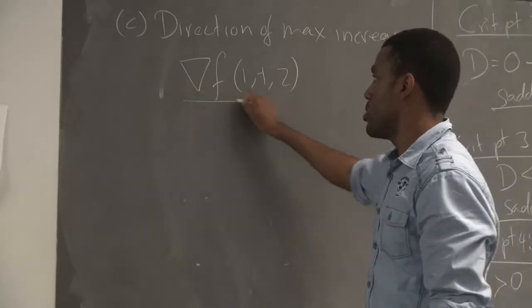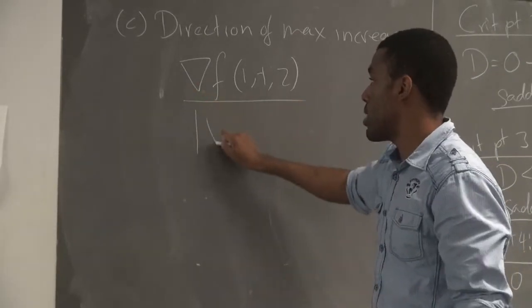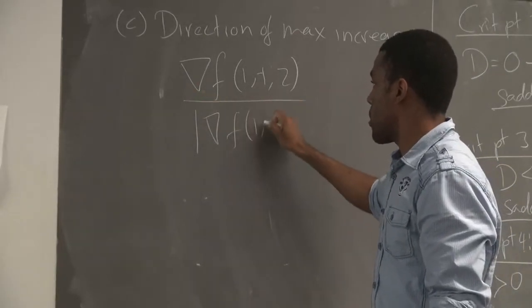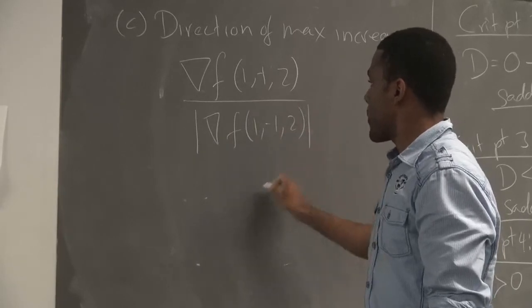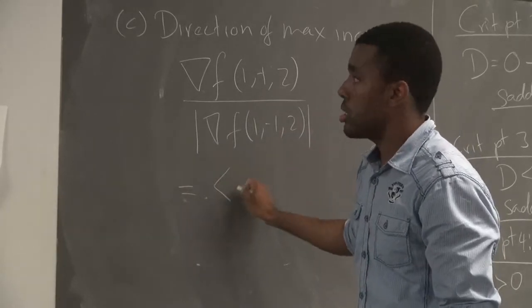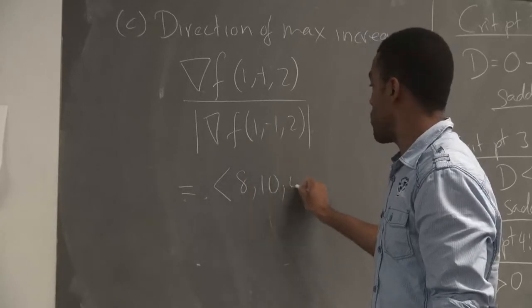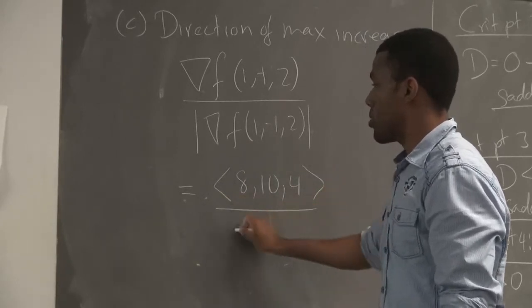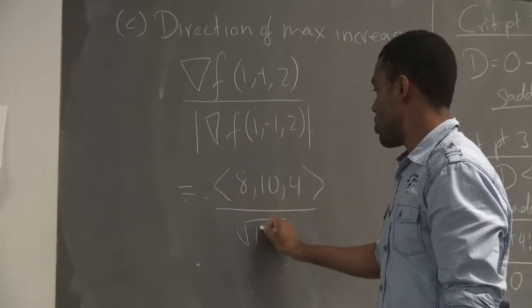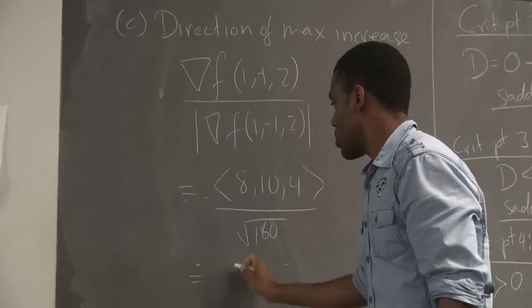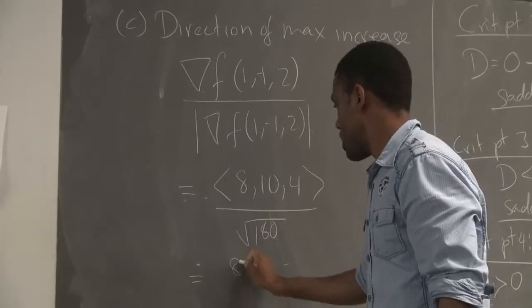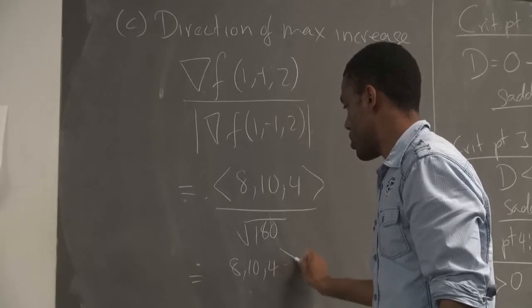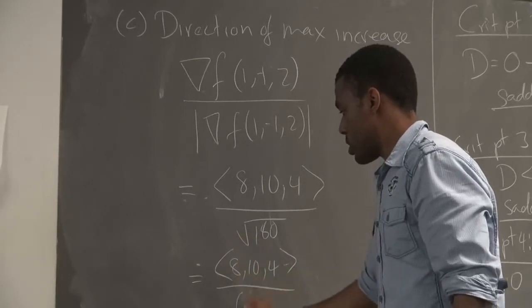Because I asked for the unit vector in the question, you divide by the magnitude of this. So this is just going to be 8, 10, 4 over radical of 180. Or you can do 8, 10, 4 over 6 radical of 5.